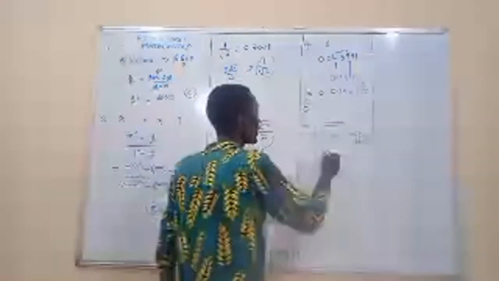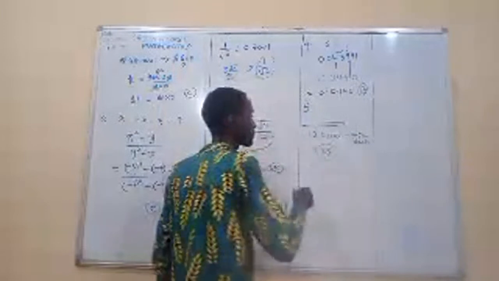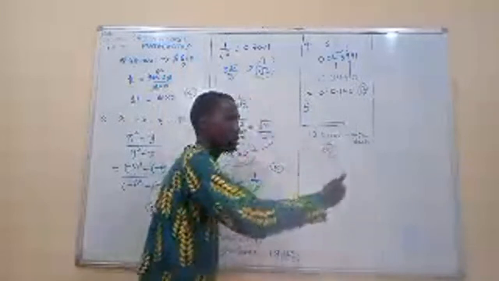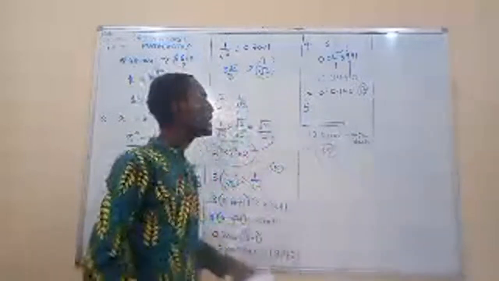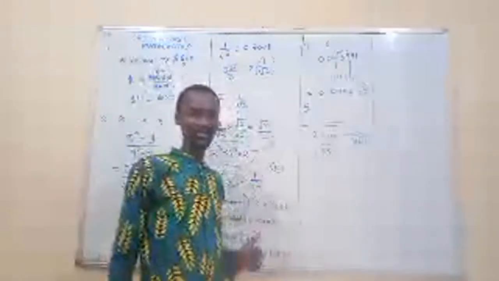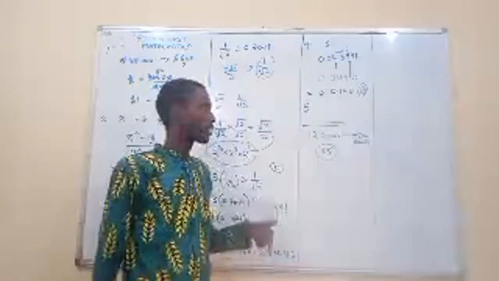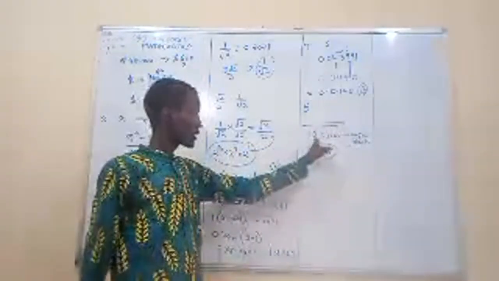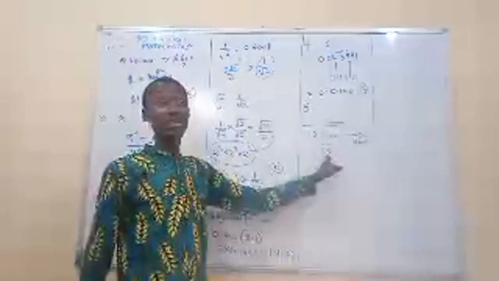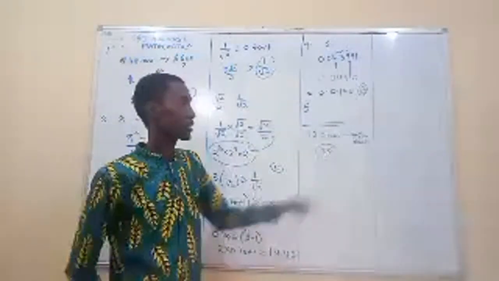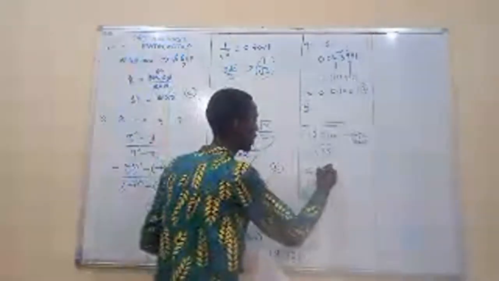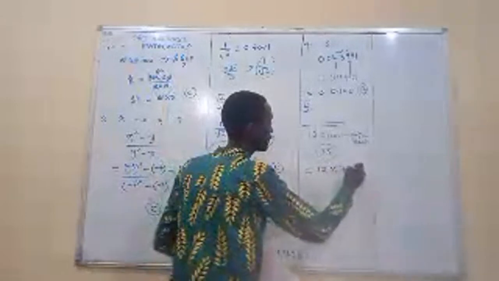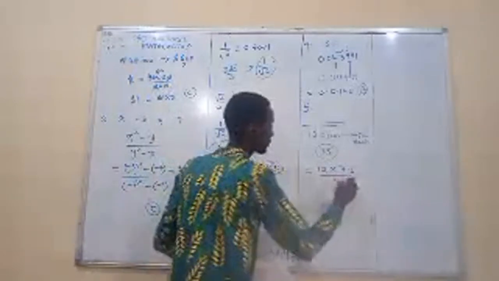So if I cut out 4.5, a smaller length, will it be more or will it be less? It should be more. Because if with 7.5 I can cut 12, to get cut from 4.5, I will get more. So the answer will simply be saying 12 times 7.5 divided by 4.5.